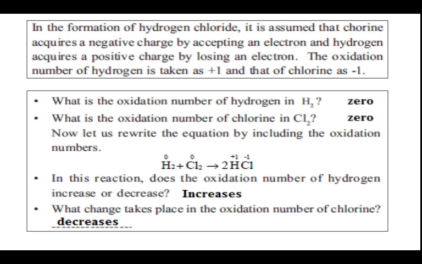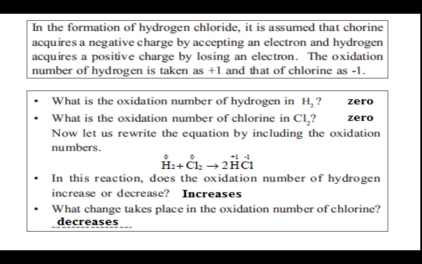It is 0. What is the oxidation number of chlorine in Cl2? It is also 0. Now let us rewrite the equation by including the oxidation numbers. That is H2 with 0 oxidation plus Cl2 with 0 oxidation giving 2HCl with H having +1 oxidation and chlorine having -1 oxidation.